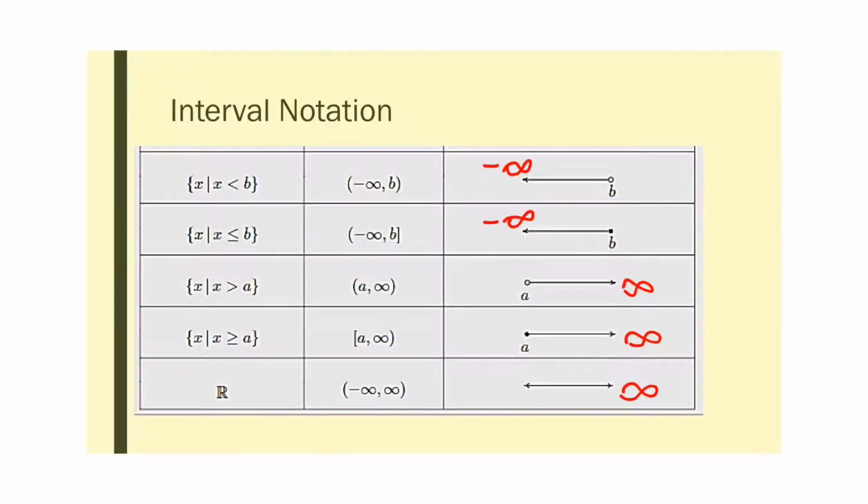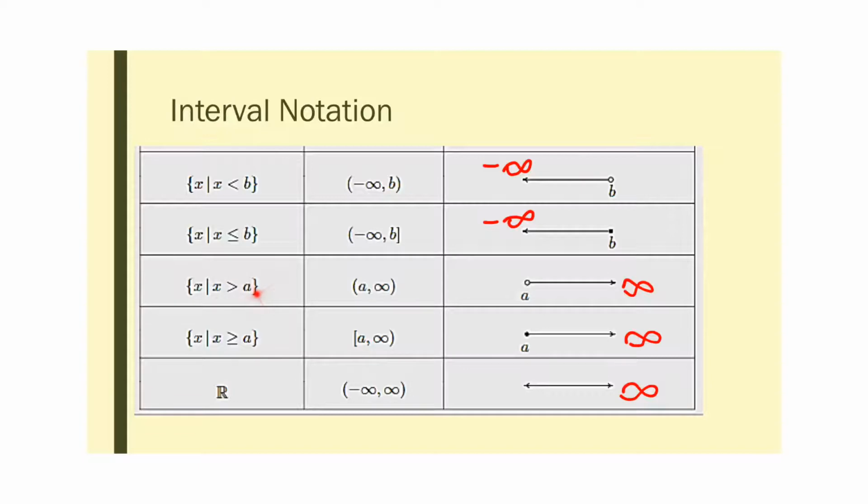So in this case here, we're going to say the interval between negative infinity and b, not included. Negative infinity is going to have a round bracket because negative infinity is just a concept. It's not an actual number. So in this one right here, you've got a little line, so we've got our square bracket and our filled in dot. So the interval between negative infinity and b, including b in the set.